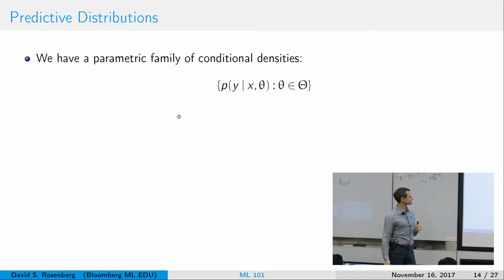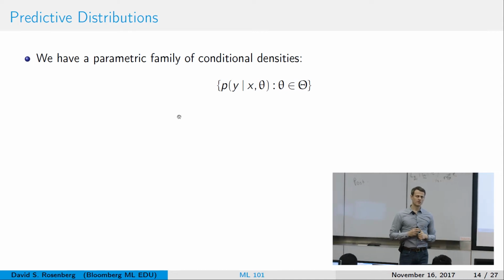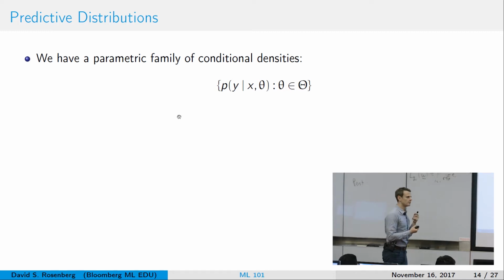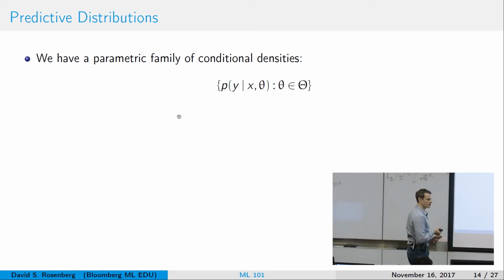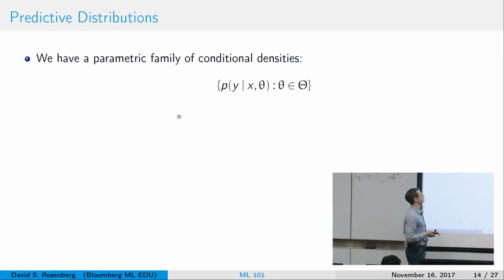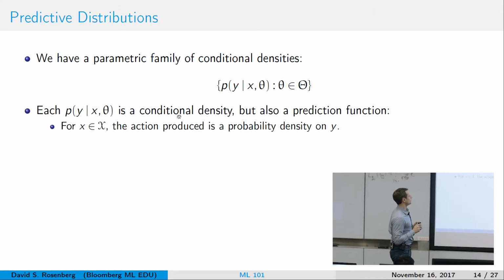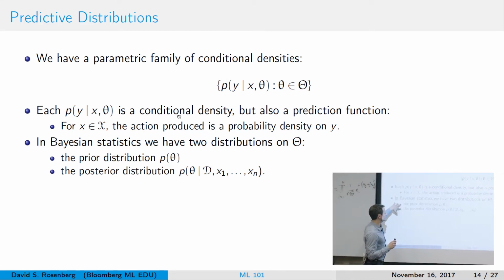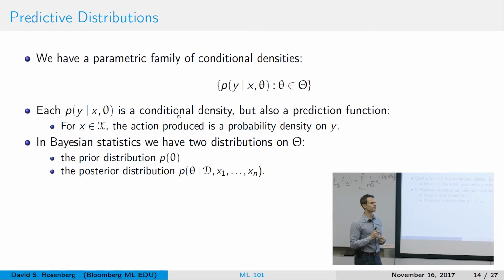All right. OK. That's interesting. Now, in Bayesian statistics, we have these other objects which are distributions on theta. They come in two flavors so far, the prior distribution and the posterior distribution. So we have these two different types of distributions on theta.